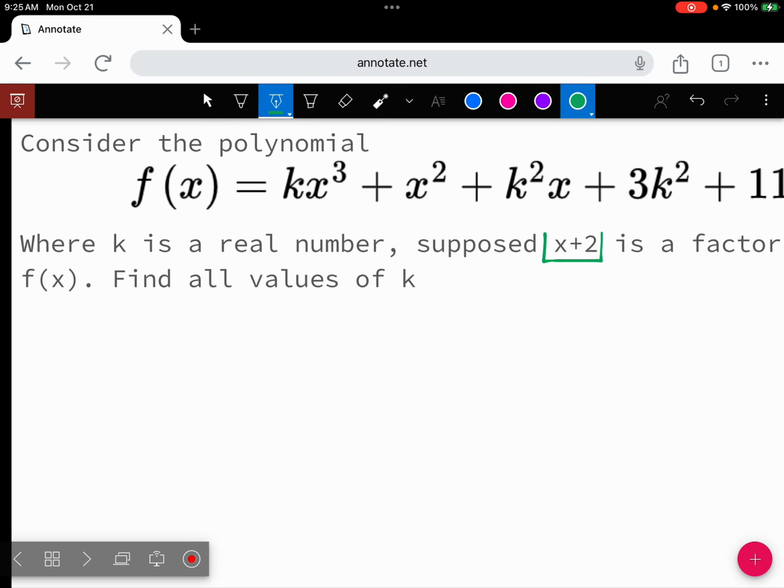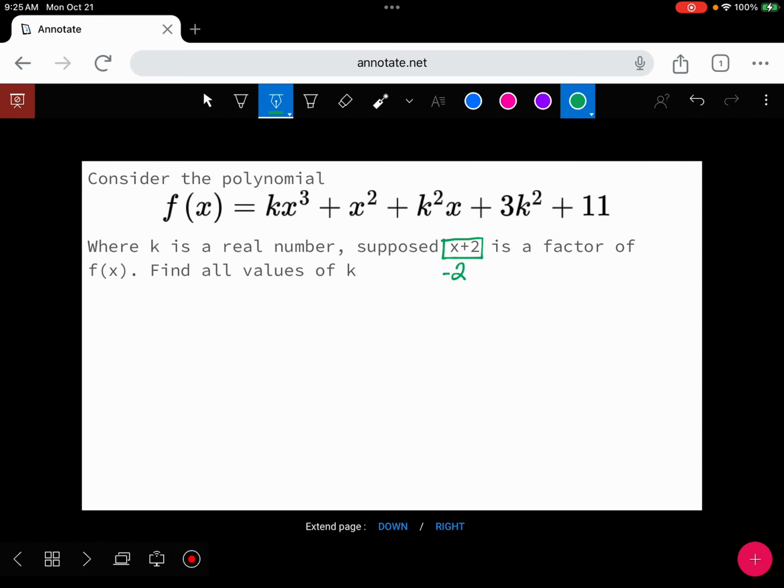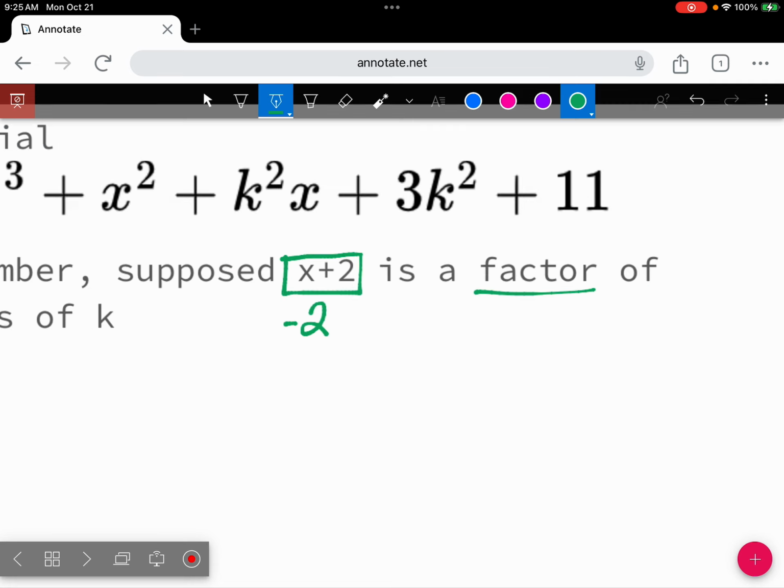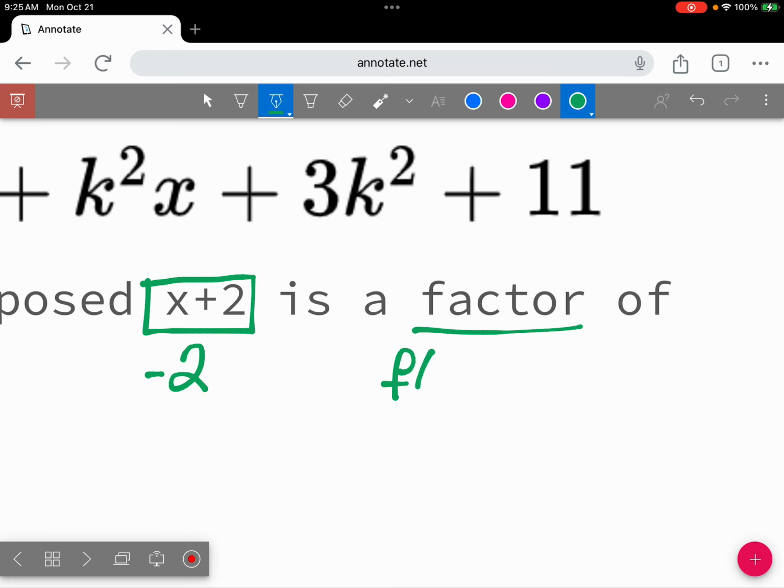So what is our factor that we know here? Negative 2. And since we know it's a factor, I know that f of negative 2 equals 0. That's our factor theorem. By definition of being a factor, f of negative 2 has to equal 0.